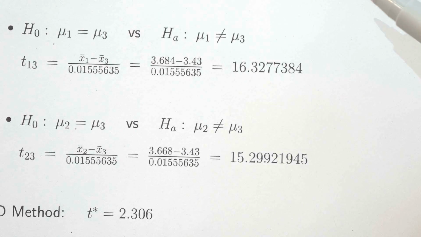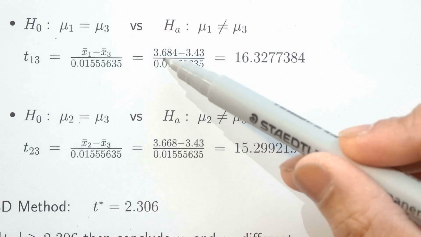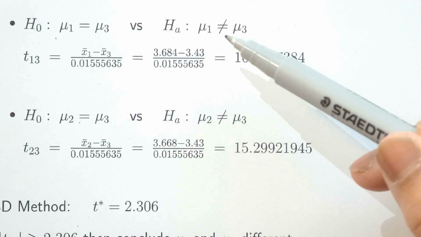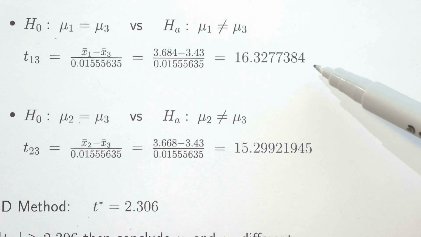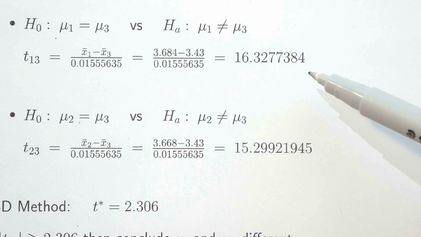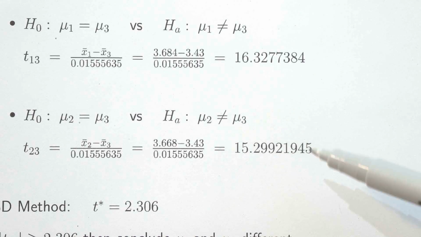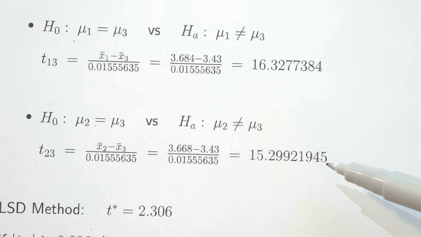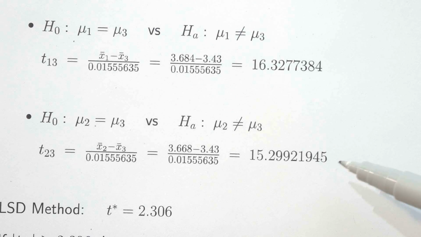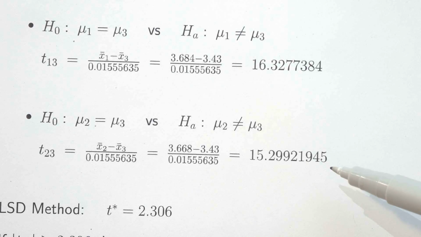When we compare mu1 to mu3, we just plug in X bar 1 and X bar 3. We come out with a much higher test statistic value of 16.3277. And for mu2 equaling mu3, we get a test statistic value of 15.299.